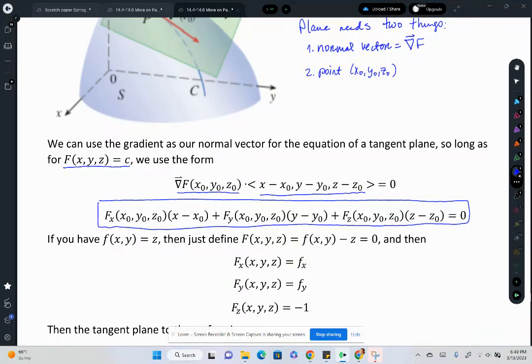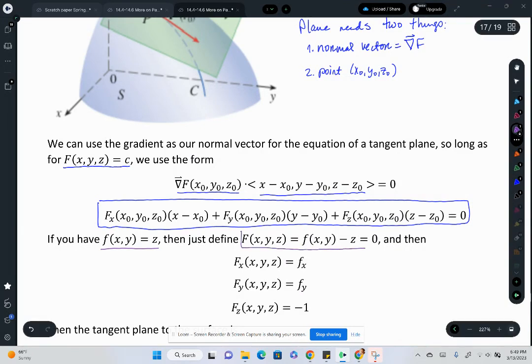Now, we have been working with f of x, y equals z. So maybe if you only want to have to remember one form for a plane, that would be a good idea. If we're given f of x, y equals z, then we can just subtract z from both sides and define big F of x, y, z to equal little f of x, y minus z, and set that equal to 0.